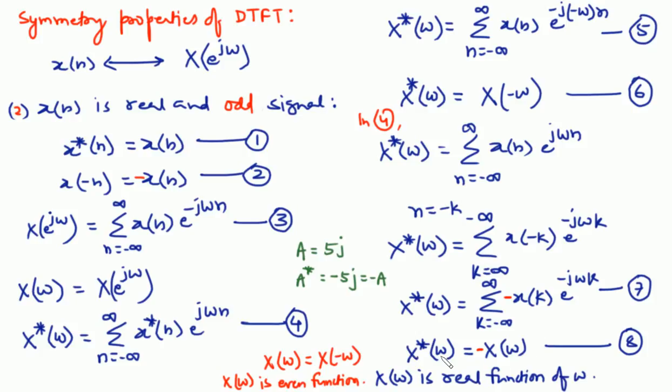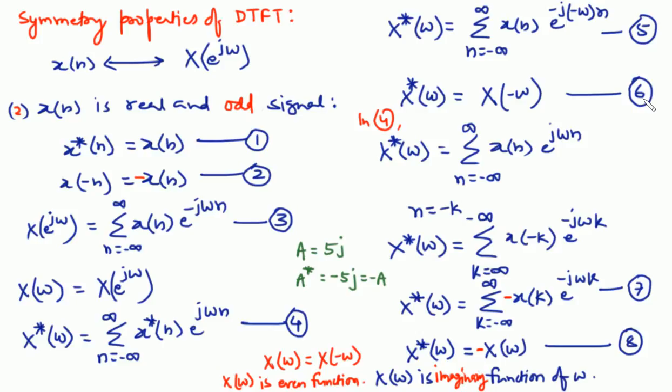Complex conjugate of X omega is minus of X omega. It means X omega is an imaginary function of omega. Instead of real, we have imaginary.